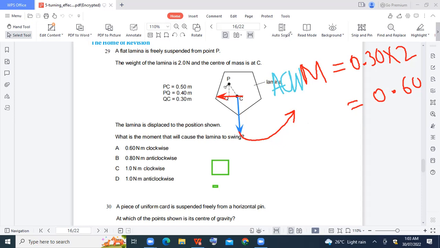In order to balance it, we need a clockwise movement, which should be 0.60 Newton meter. If I'm not wrong, this would be the clockwise movement we need.